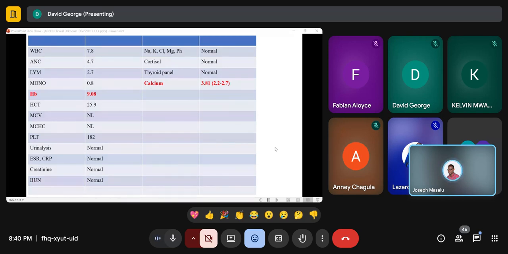The hyperparathyroid causes include primary hyperparathyroidism, a parathyroid tumor sitting there secreting PTH, and parathyroid hyperplasia without a tumor, just the four glands being hyperplastic and secreting a lot of PTH, leading to bone resorption, causing hypercalcemia.